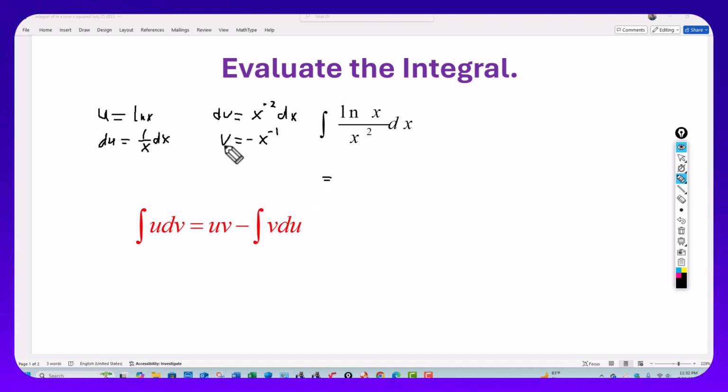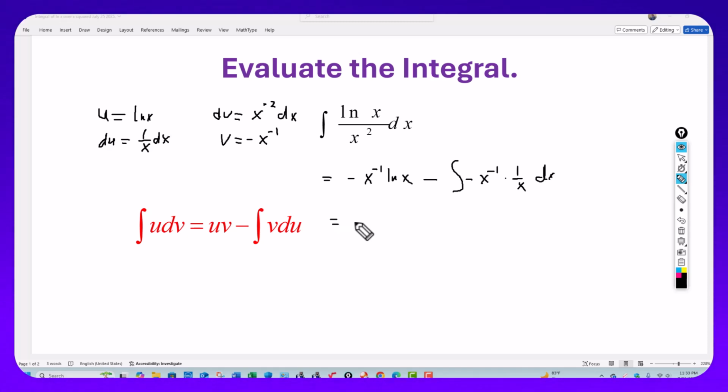So u multiplies v here, so I'll put the v in front: minus x to the negative 1 times the u, which is ln of x. And then it's minus in the formula here, and that's going to be the integral of v, which is minus x to the negative 1, times the du. So du is 1 over x dx.